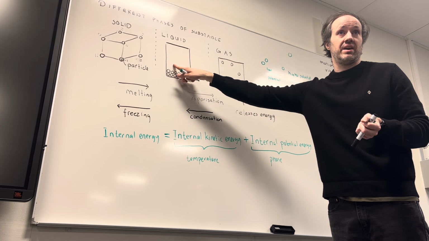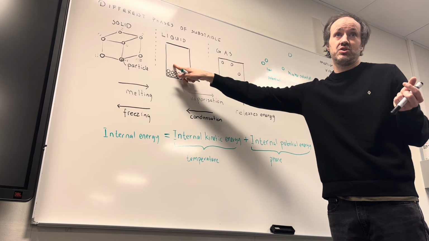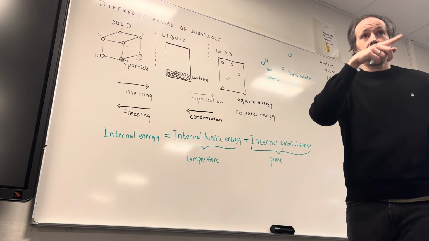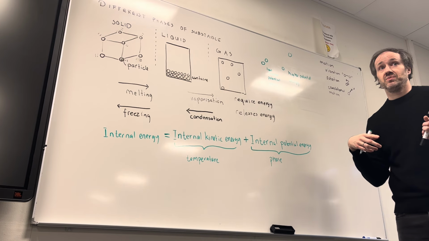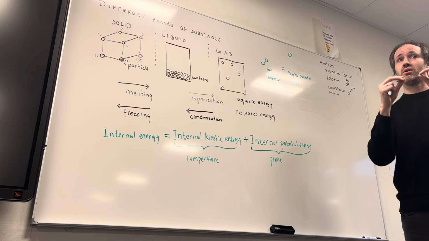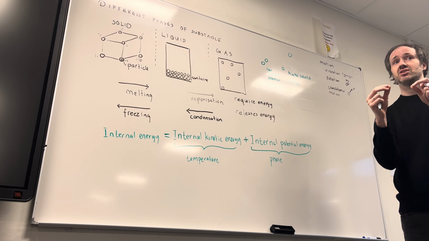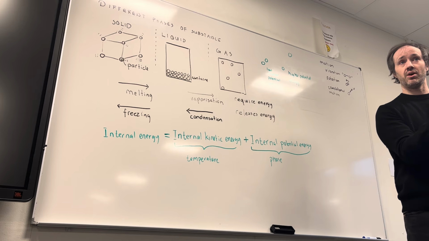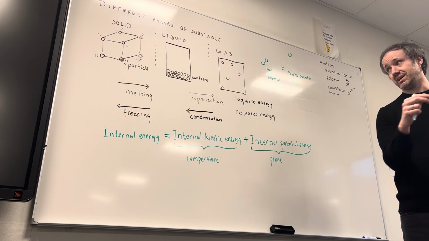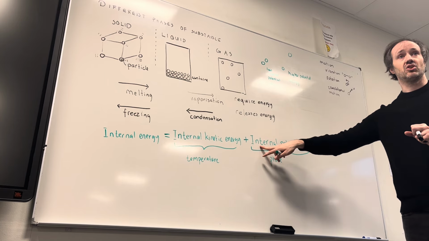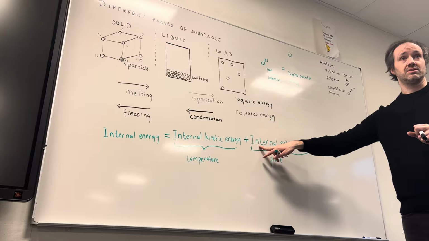What is the type of energy being released if the temperature remains the same? Let's say you go from gas at 100 degrees Celsius to liquid at 100 degrees Celsius, it releases energy. It's potential energy being released.